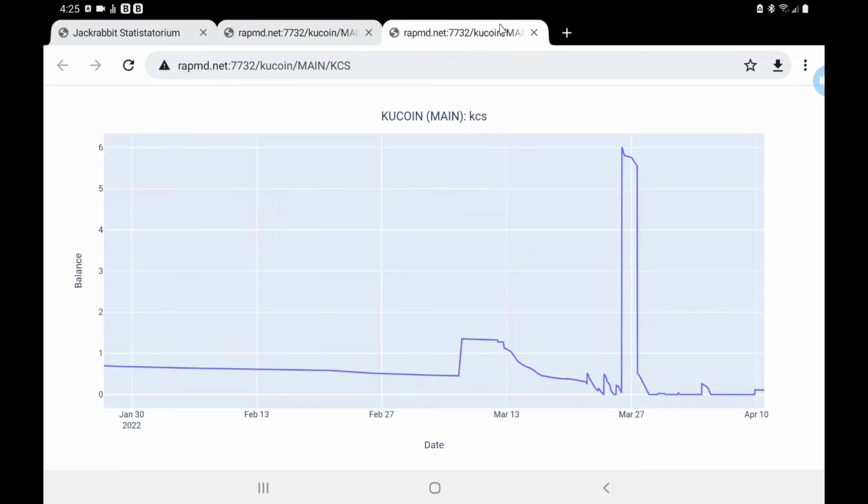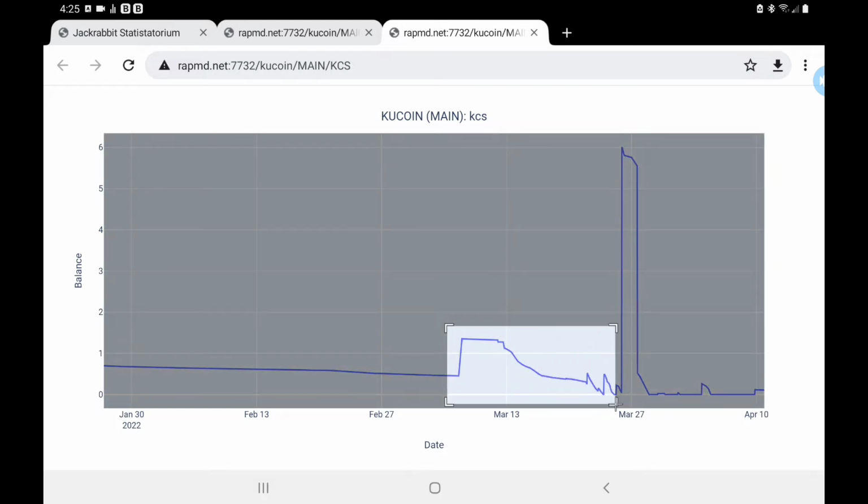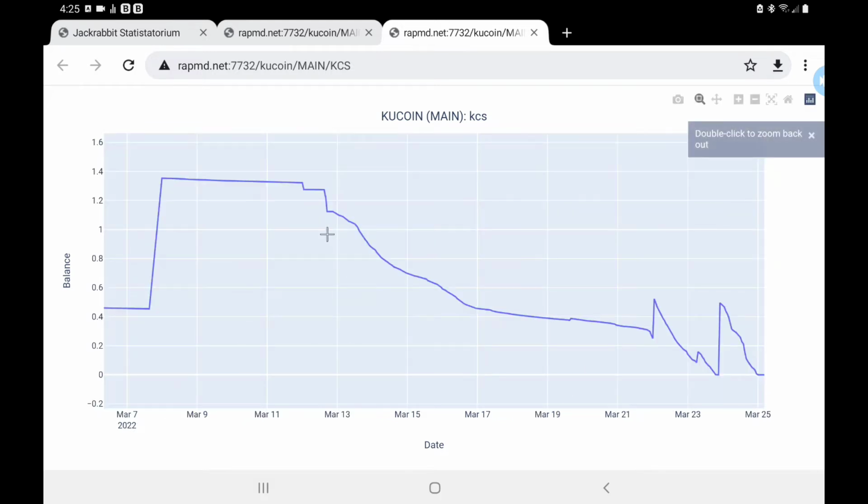So let's take a look at the graph, and let's focus in on one area. As you can see, the amount decreases because it pays for my fees. The spikes upwards are where I've made purchases.